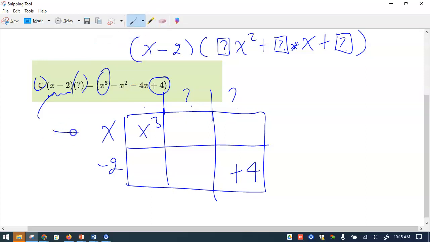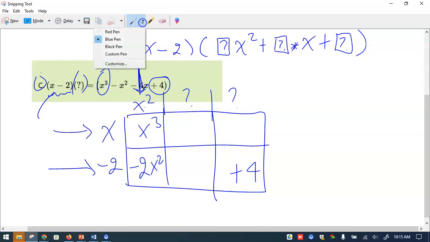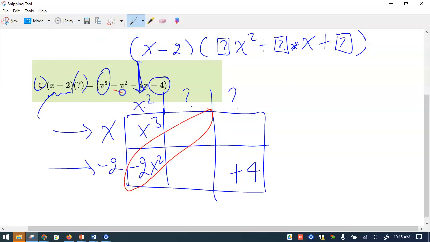So this x times what goes here to get x cubed is x squared. And whatever you got here, you multiply by this minus 2 and it will be minus 2x squared. Then you make a diagonal this way, and since this number is minus x squared, you need to get a minus x squared. So this together should be minus x squared.